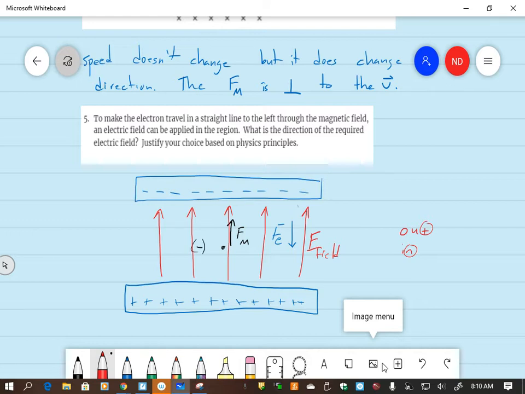So to make an electron travel in a straight line, what direction is the required electric field? The E field must be toward the top of the page or up.